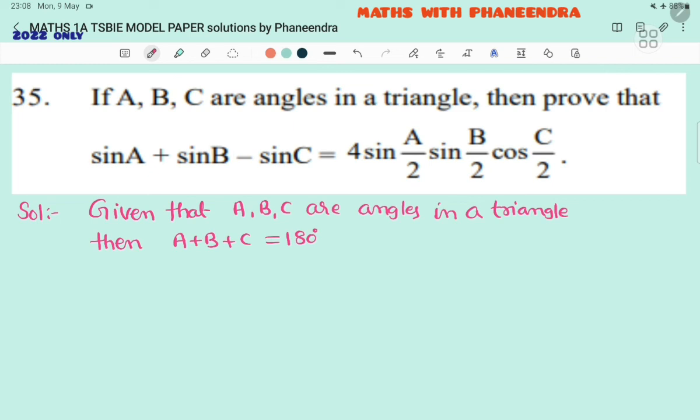So, leave some space. We will consider LHS. What is LHS? Sin A plus sin B minus sin C. So, for the first two terms, the sin C plus sin D formula you can apply.